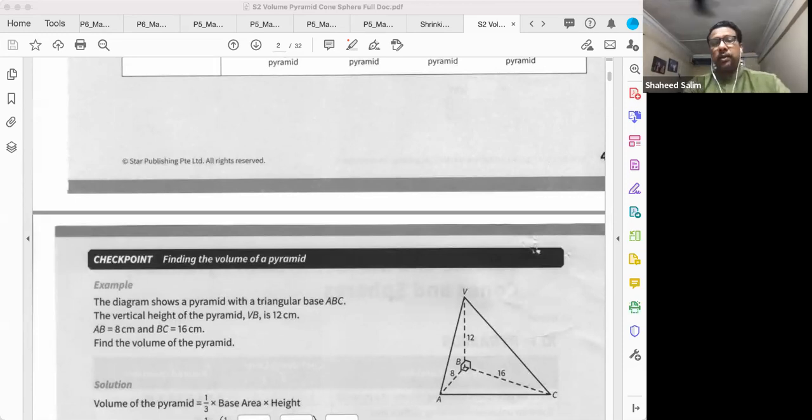Okay, send your answers, please. Easy, easy. If you are stuck here, we have to correct it immediately. No, not 512. So sorry. How do you get 512?